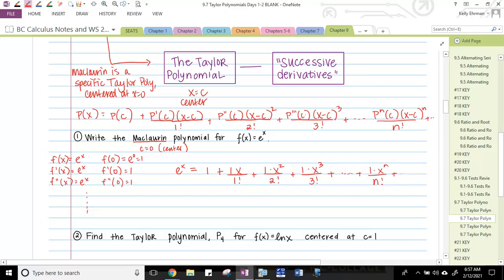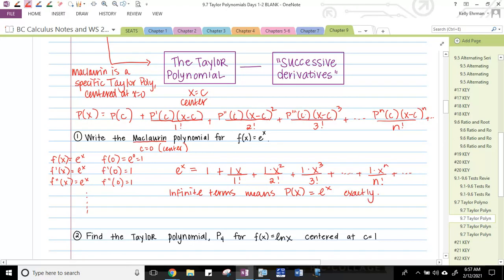And again, if I write plus dot dot dot, meaning I intend to include an infinite number of terms, these are the exact same thing. So infinite terms means P of x equals e to the x exactly.